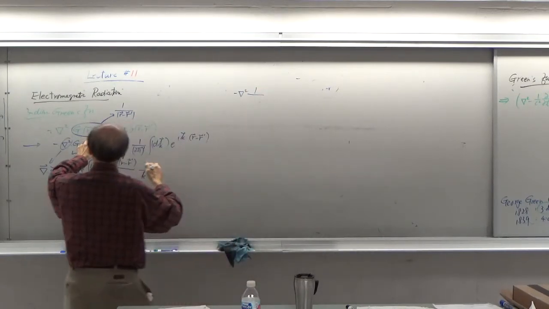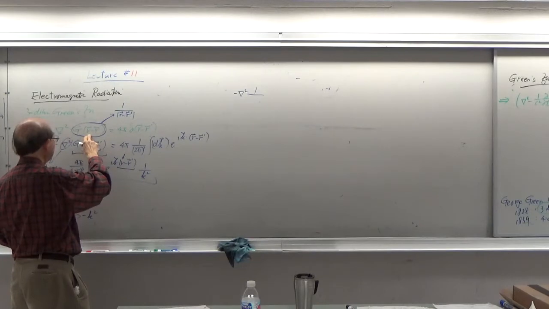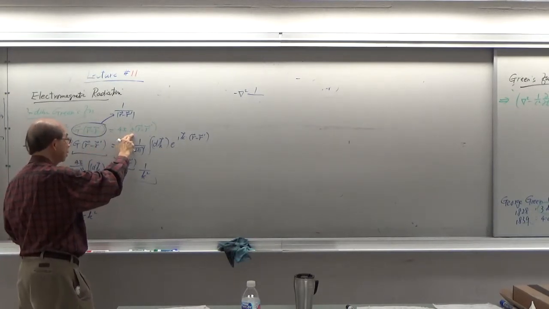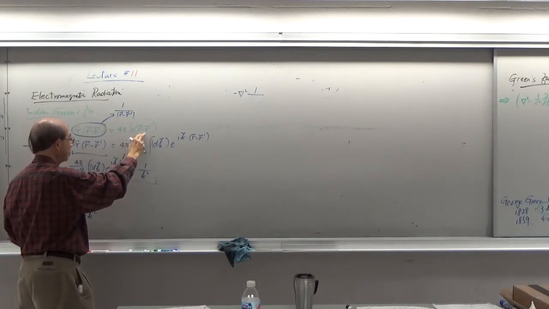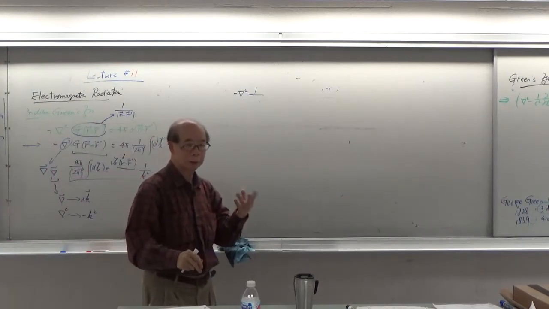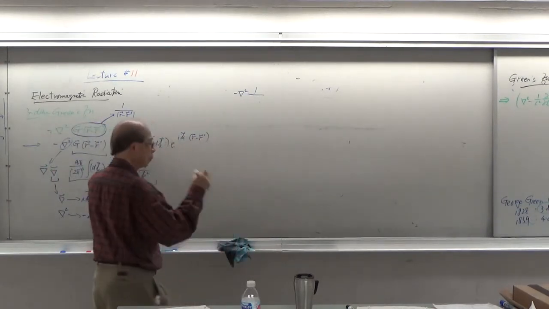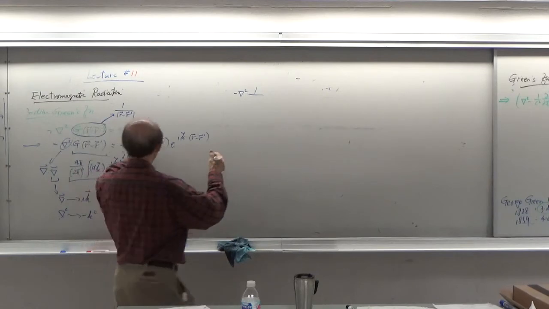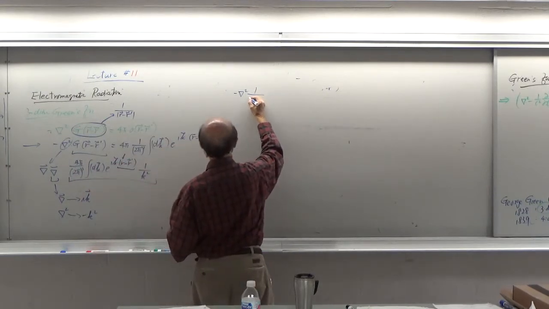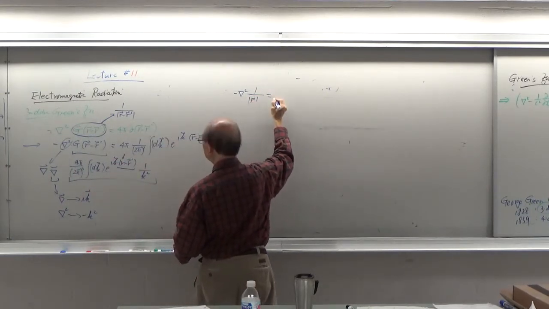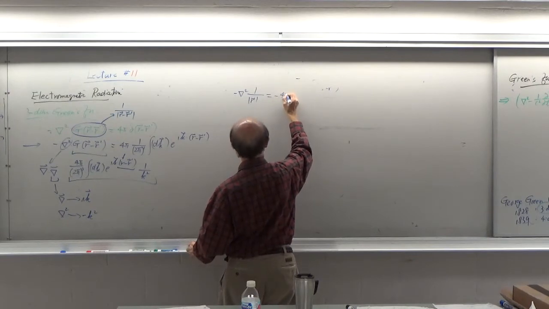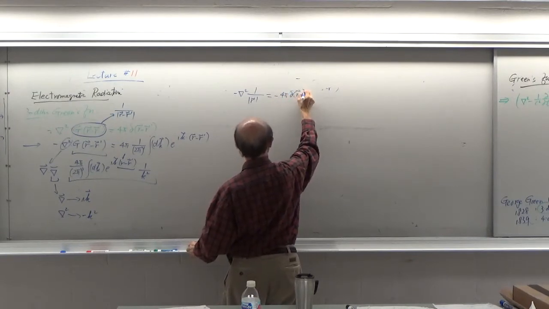Notice that in the Green's function it is always r relative to r prime. On the right-hand side, the argument of that function is also r minus r prime. So without loss of generality, we can put r prime at the origin, so that, putting in the magnitude of r, this is equal to minus 4 pi times the Dirac delta function of r.